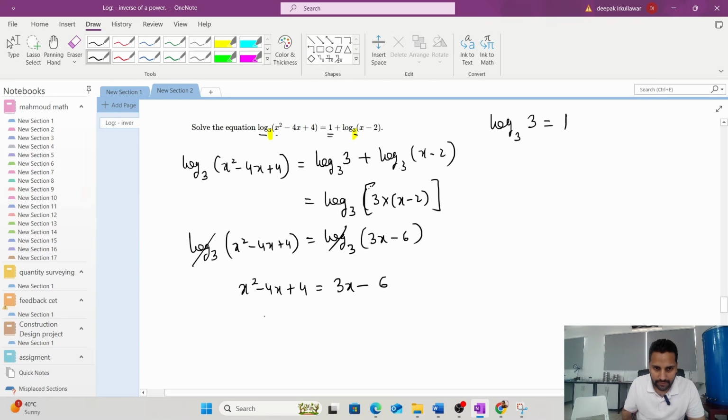So I will rearrange this. This would become x square minus 7x plus 10 equals to 0. Okay. So now you just need to perform your quadratic equation solution. So this is 5 times 2, so you have x square minus 5x minus 2x plus 10 equals to 0.